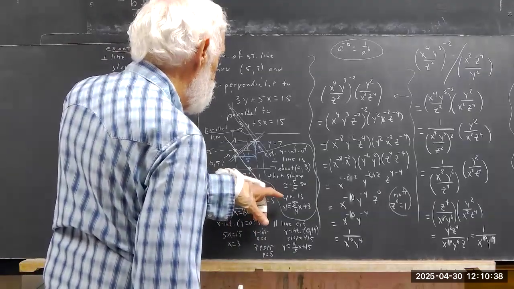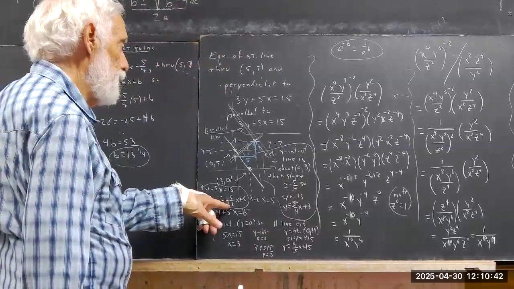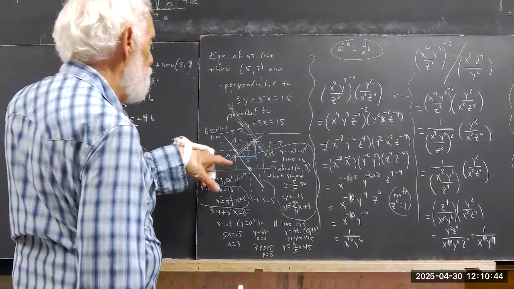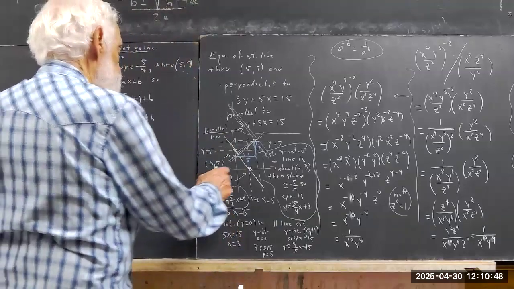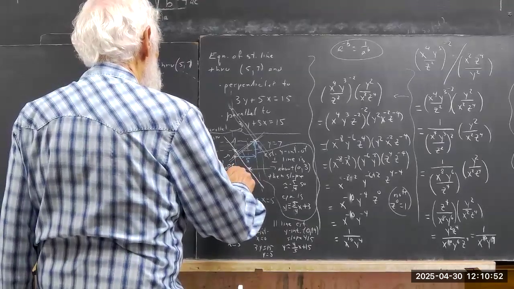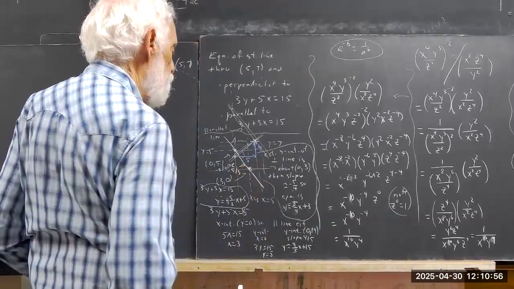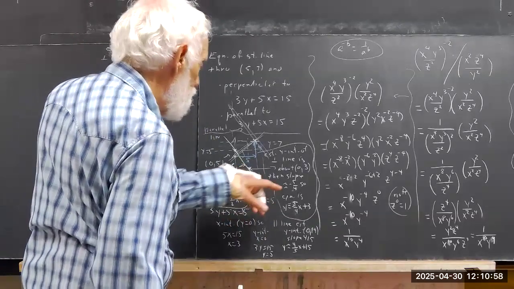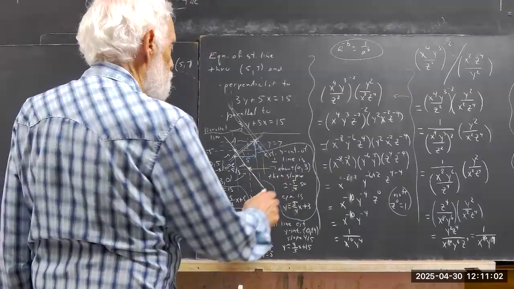So the slope I used, negative 5/4, is not right. The slope is negative 5/3. So this line has slope negative 5/3. I got that 5/4 out of something I saw earlier.